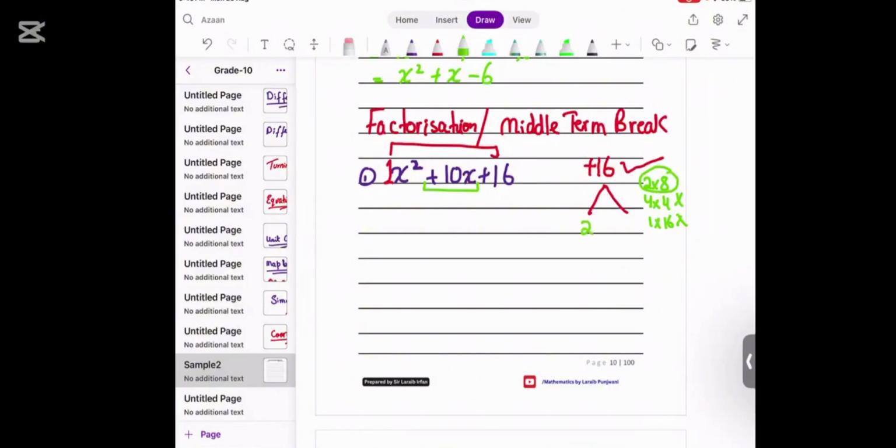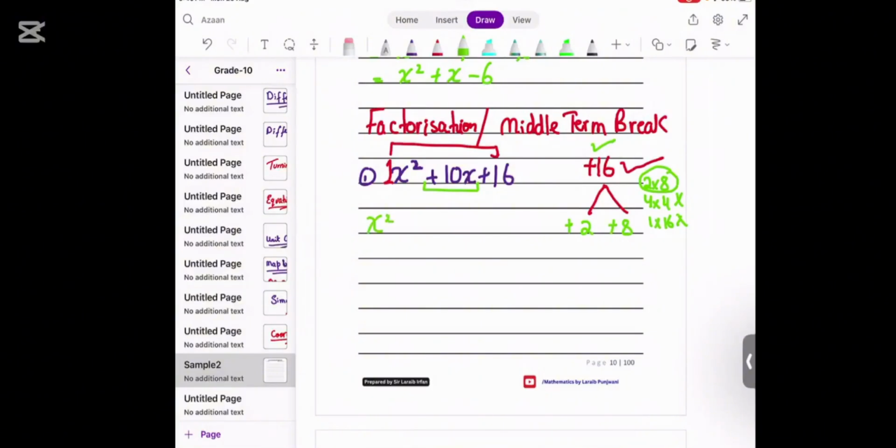So I will write 2 and 8. When I multiply 2 by 8, I will get positive 16. When I add both the values, I have to give positive sign to both the terms, because I have to add and make 10. So plus 2 plus 8 will become 10. This means that the two numbers are positive 2 and positive 8.